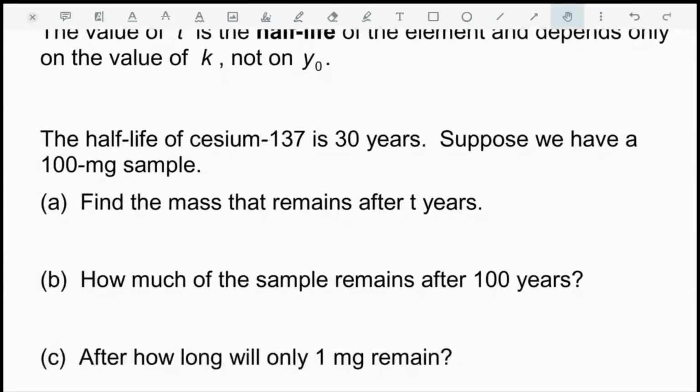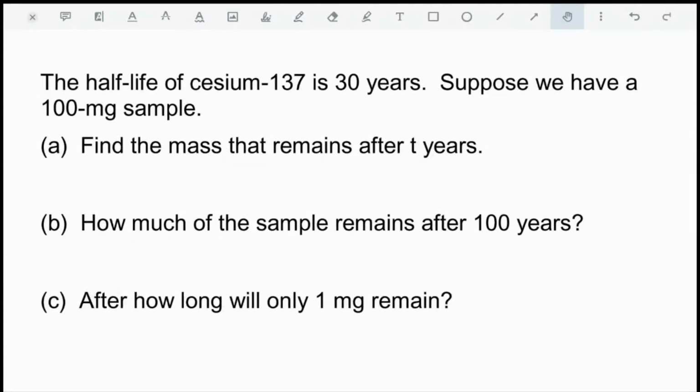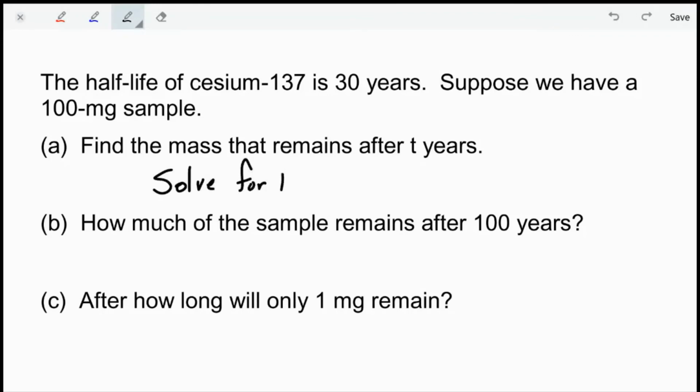All right, so let's just take a look at an example of this. You've got one or two of these in your assignment. The half-life of cesium-137 is 30 years. Suppose we have a 100 milligram sample. Find the mass that remains after t years. Okay, so what we would have to do here is solve for the k value, right? And when we solve for k, I'm just going to tell you what this turns out to be.